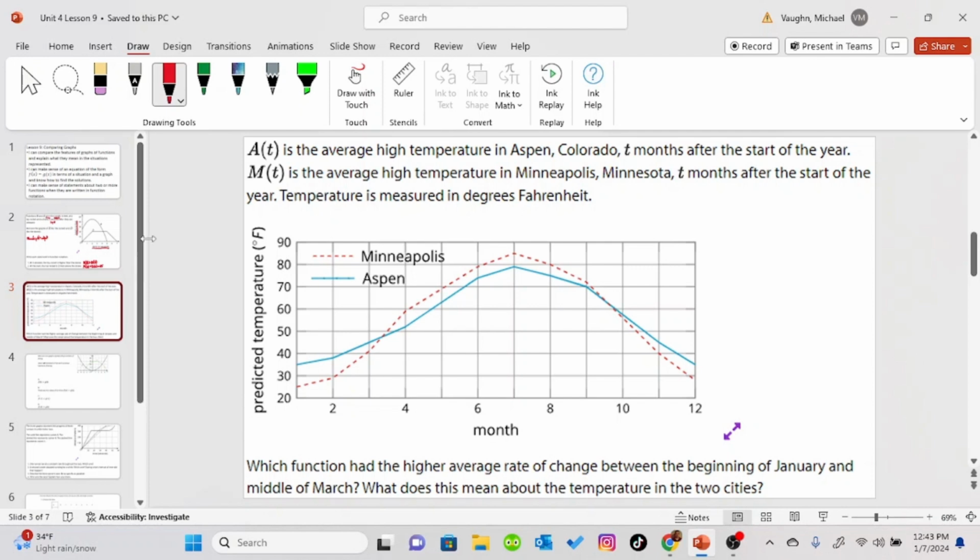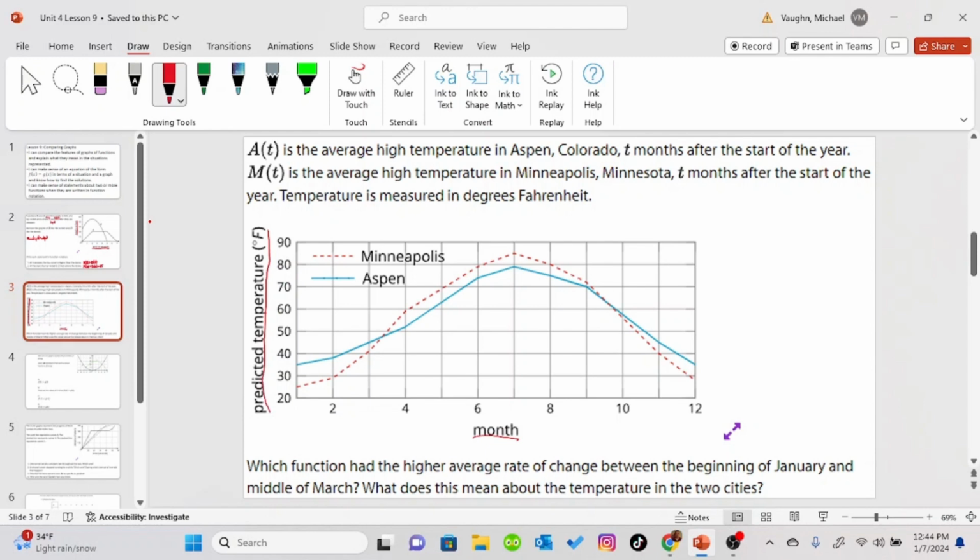So we can see that our output is the predicted temperature in degrees Fahrenheit, and our input is the month of the year as a number. So January would be number 1, February number 2, all the way until you get to December at number 12.